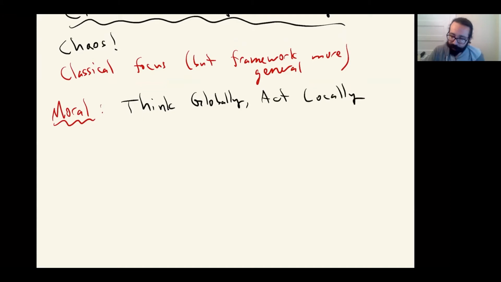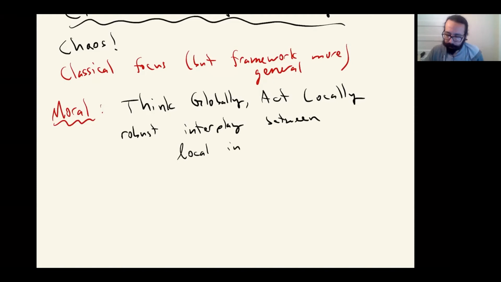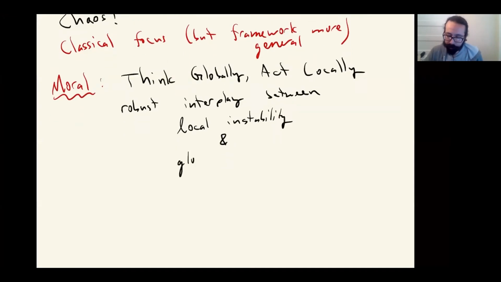It's not a super accurate description, but what I mean here is that one of the hallmarks that characterizes chaos is a robust interplay between what you could call a local instability and global mixing.